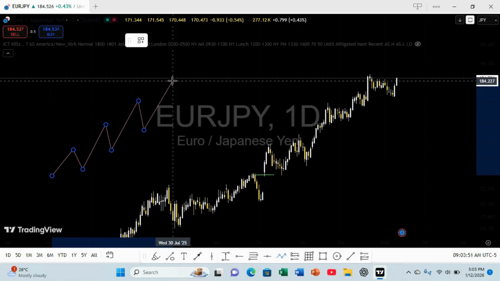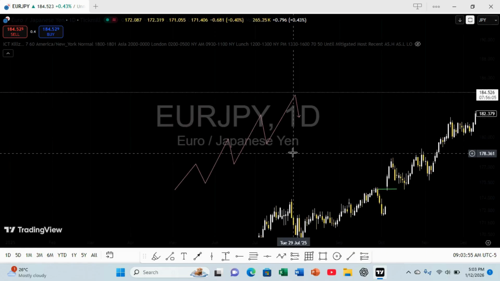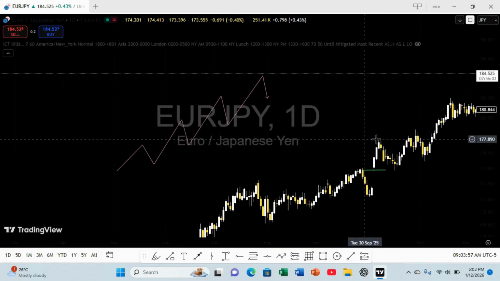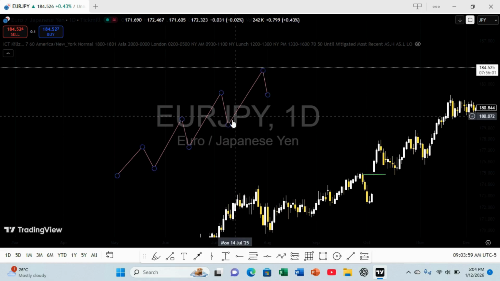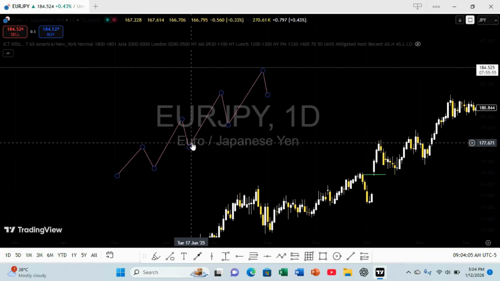So when we are in a bullish run, what we are always targeting are these points here.